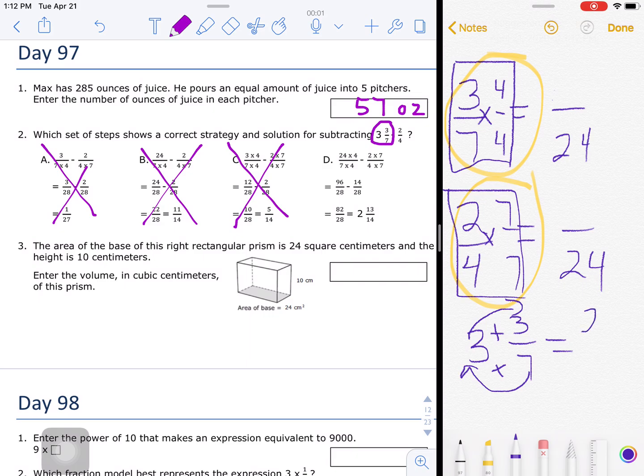So it'd be 24/7. And I can see over here that I have 24/7 times 4/4. So it would be D. Would be the only possibility.